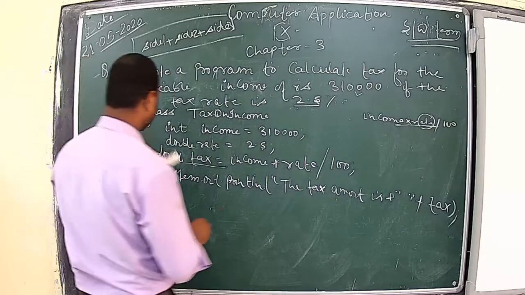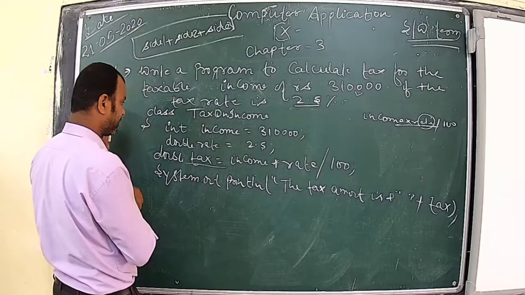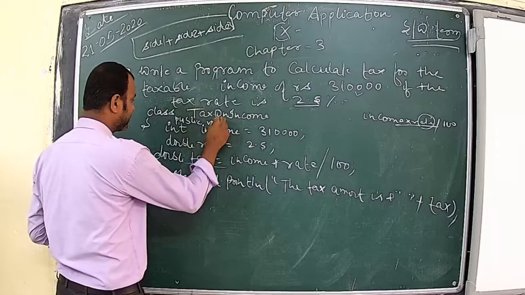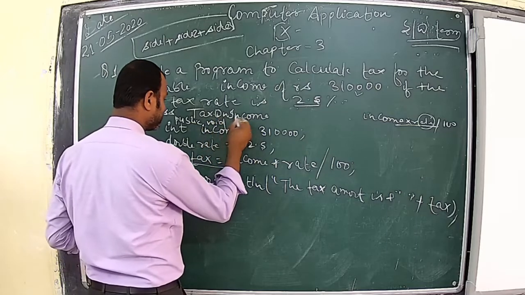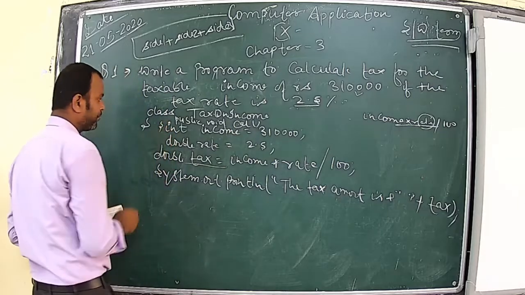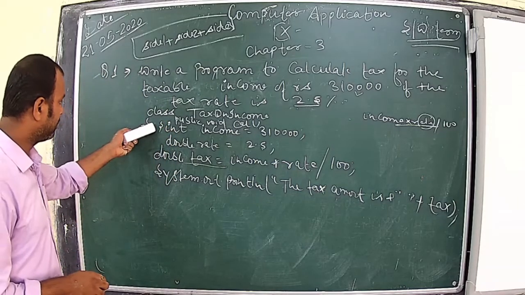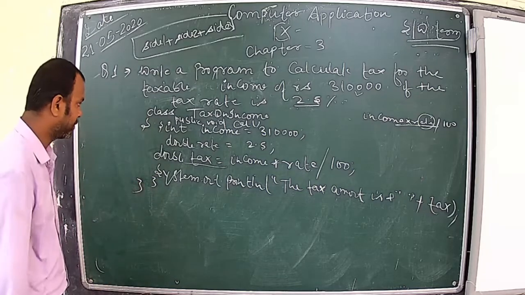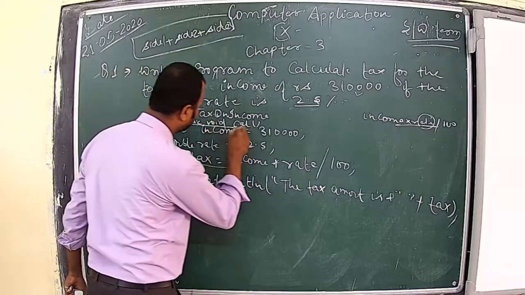Before that we did not add a method here, so let me write one method also, because without a method it is not possible to calculate. Public void, suppose calculate, and then here the method is opened, closed, and then the class is closed. So this is your method also.